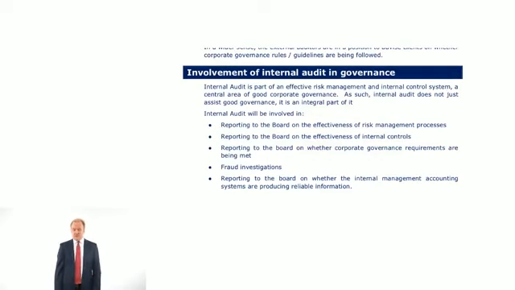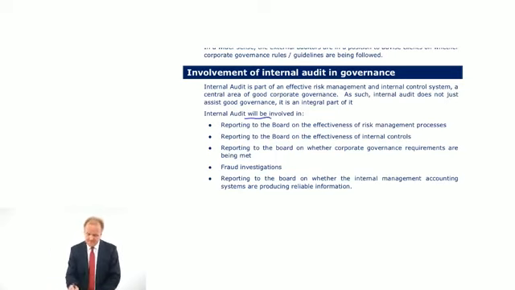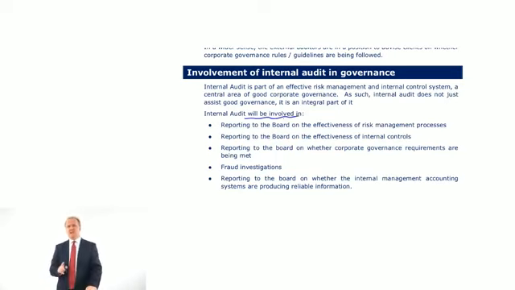Whereas internal audit are going to be focusing on internal controls. Now, I'd just like to expand on that point, if I may. Down at the bottom of the page, as you can see up on the screen there, it says internal audit will be involved in. And I'd just like to expand that a bit more.